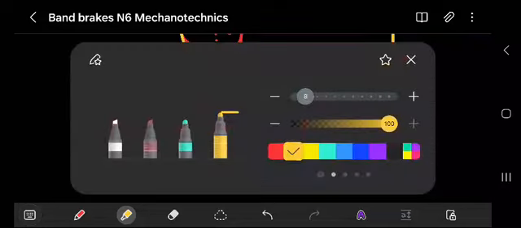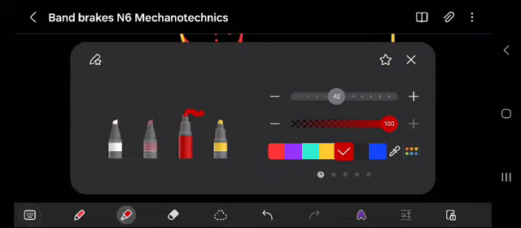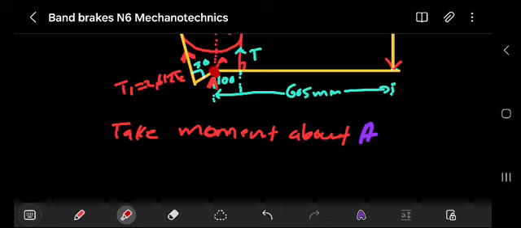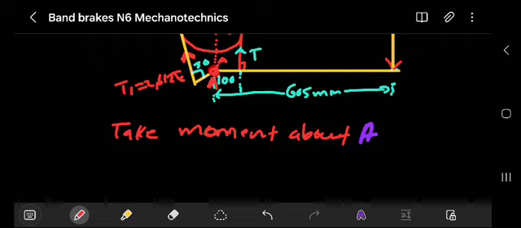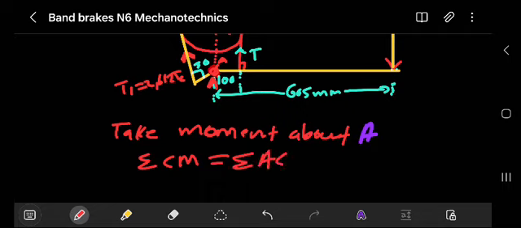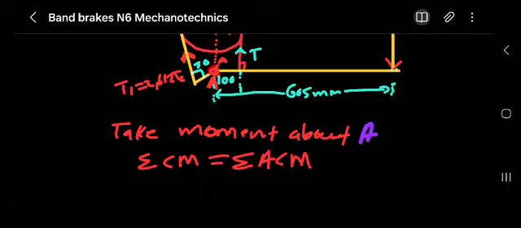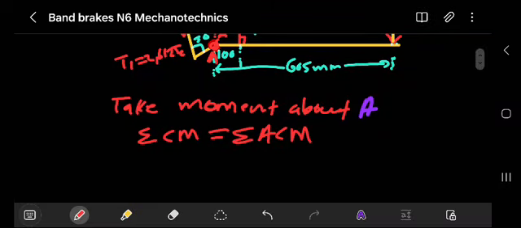It's A there. So if you take the sum of moments, the sum of clockwise moments is equal to the sum of anti-clockwise moments.